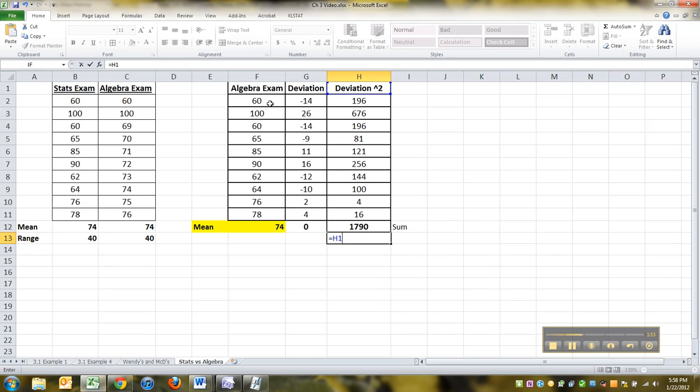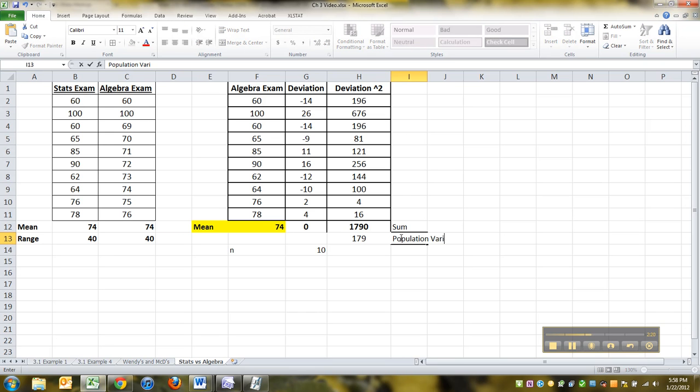Just so you know, N is equal to the count of these cells. You can pick any of the columns, it doesn't matter, and it'll tell you there were 10. So when you want the variance, you say equals that value, 1790, divided by that number, 10. There you go. This is called the population variance.